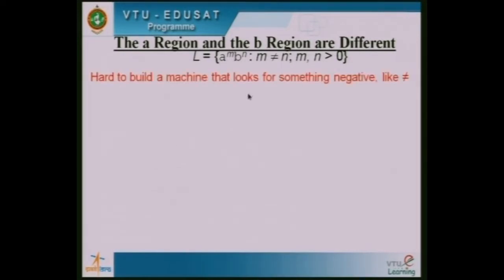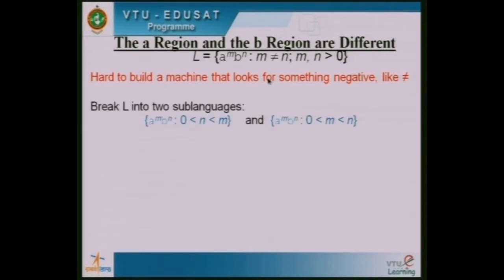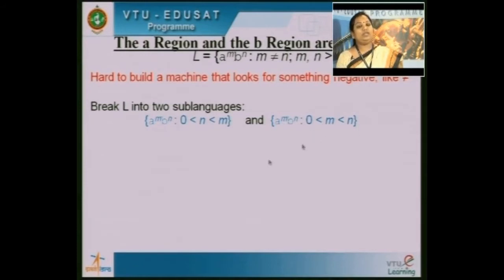It is very hard to build a machine that looks for something negative like not equal to, but we can split this language into two parts. Break the language into two sub-languages, wherein the first language is A raised to m, B raised to n, where n is between 0 and m, and the second language is A raised to m, B raised to n, where m is between 0 and n.